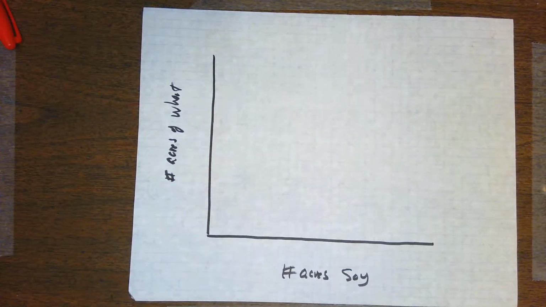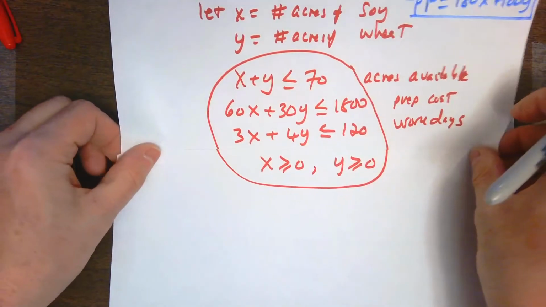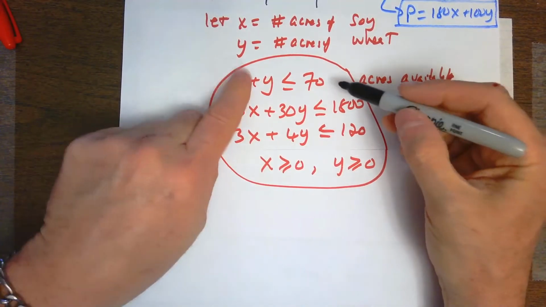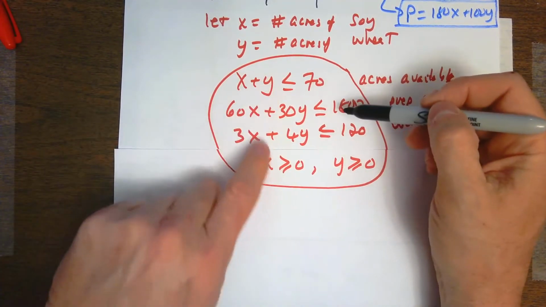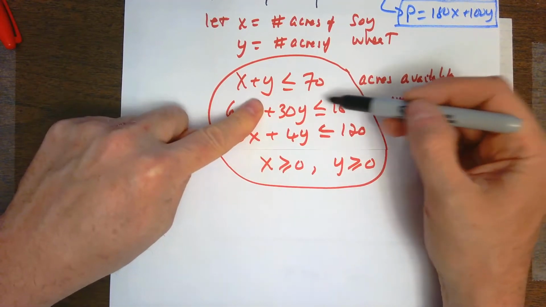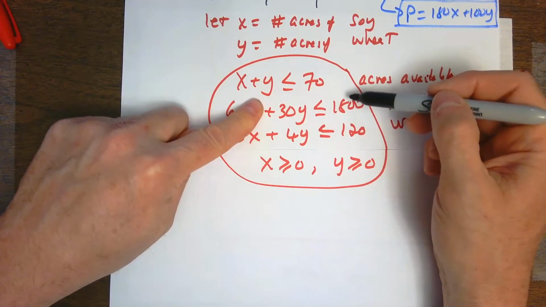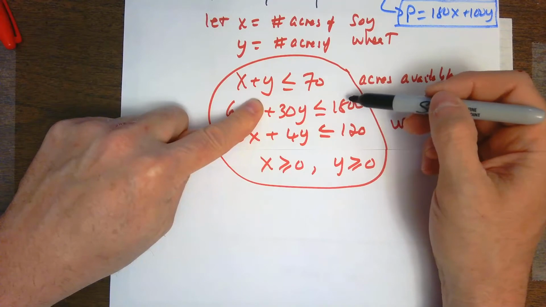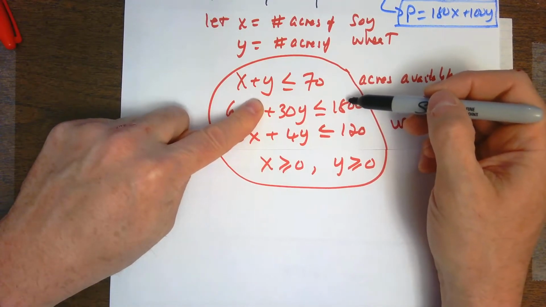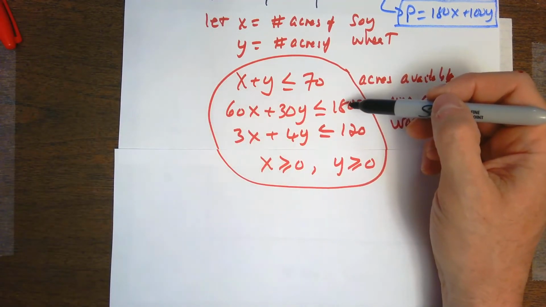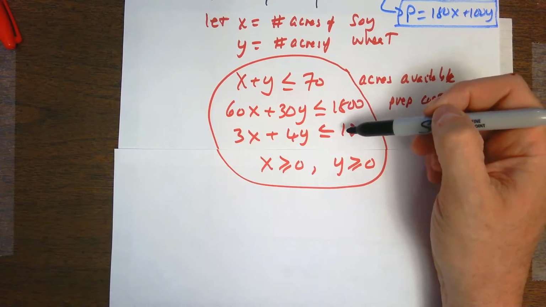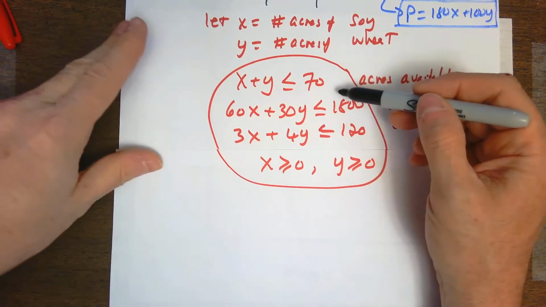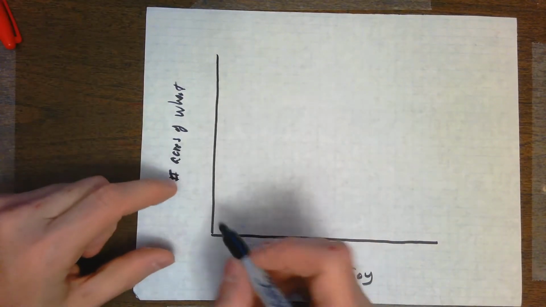And if I look at my constraints, I have to think, well, let's see, how am I going to label my axis? y is going to be 70, x is 70. 1800 divided by 30 is 180 divided by 3, which is 60. And let's see, what's my biggest number here? 60s and 70s. I'm going to go up to maybe about 100. So let's see, how do I want to scale this?